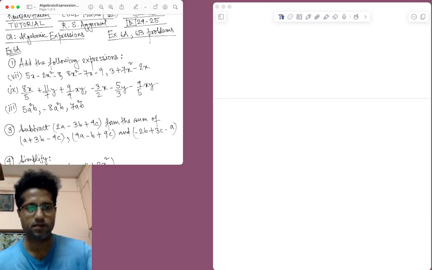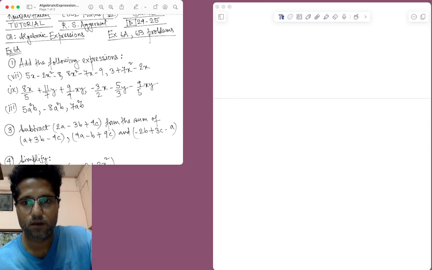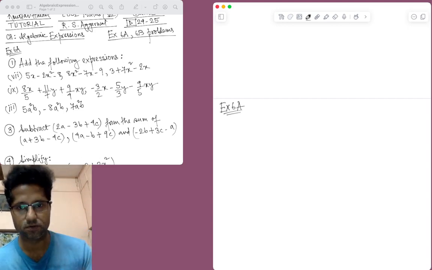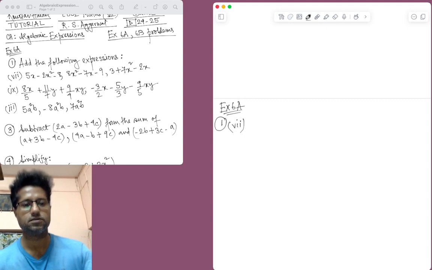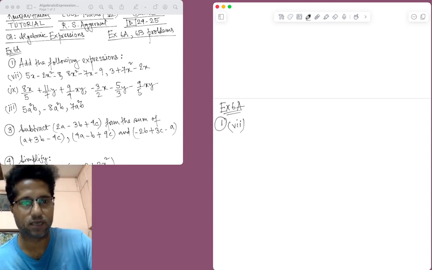For the sake of completeness, I will solve a few problems from exercise 6A. So exercise 6A, it says add the following terms. Okay, 1 7, add the following expressions.